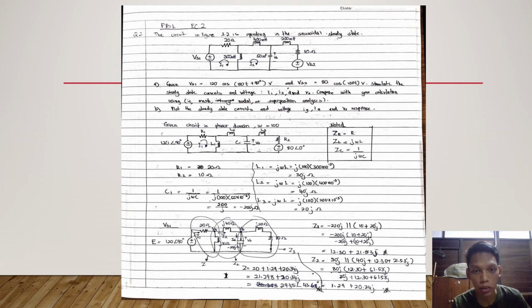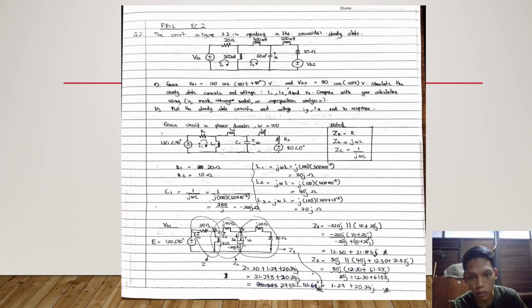Alright, for question 2, the question has two power supplies, VS1 and VS2. For question A1, we need to find I1, I2 and V naught. Firstly, we need to find R1, R2, C1, L1, L2 and L3.